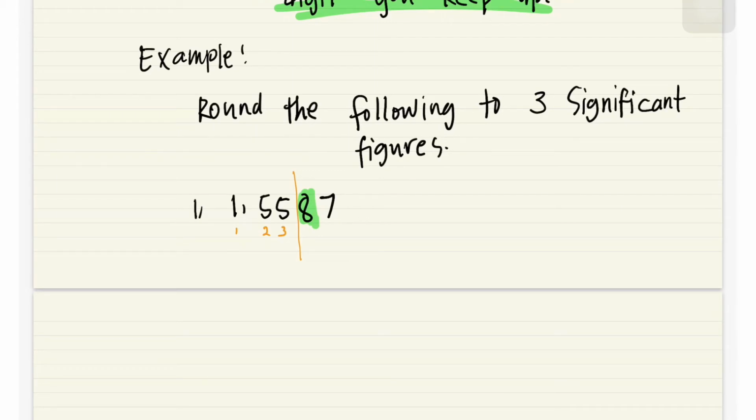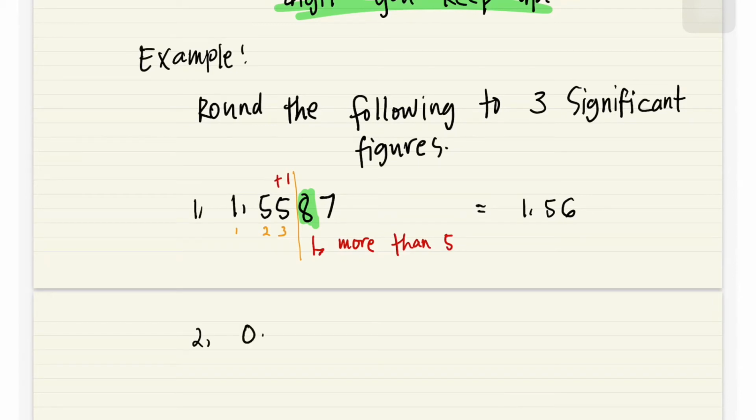If this one is 5 or more, then you add 1 to the number before it. So the answer here is 1.56.